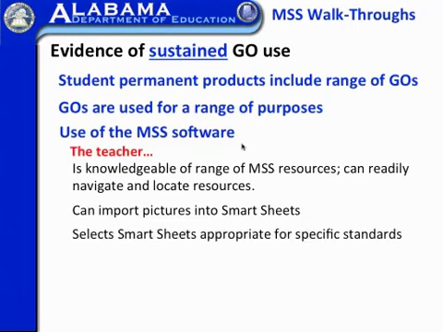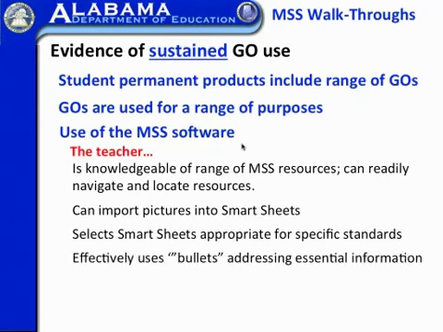Perhaps most important is that they're able to select the Smartsheets from the software that are appropriate for addressing specific standards. In other words, they can read a standard and say, I need X type of graphic, and they can go find it on the software fairly quickly. Likewise, as I've mentioned repeatedly earlier, they're using bullets to identify essential information, and the two operative words there are bullets and essential information.